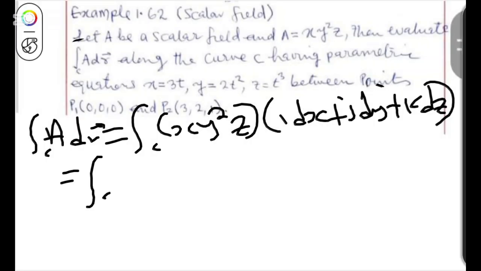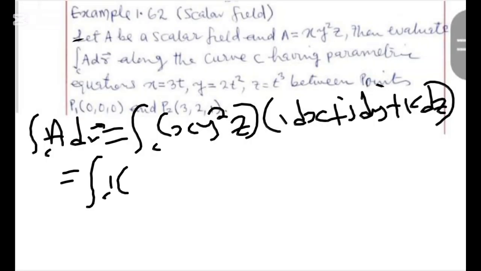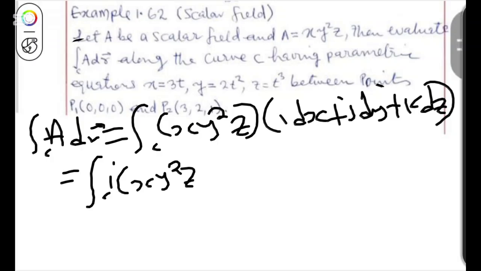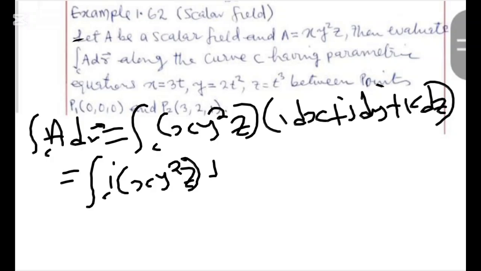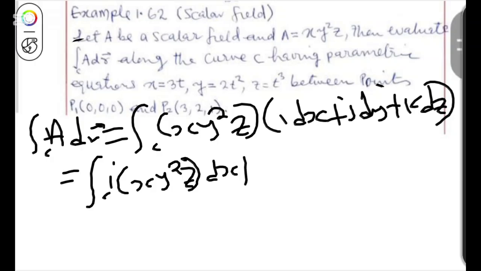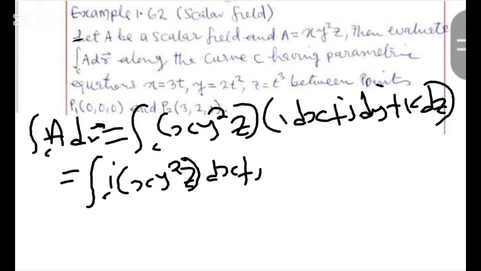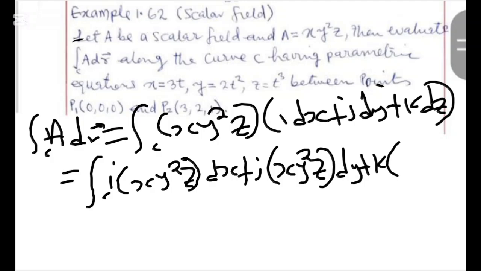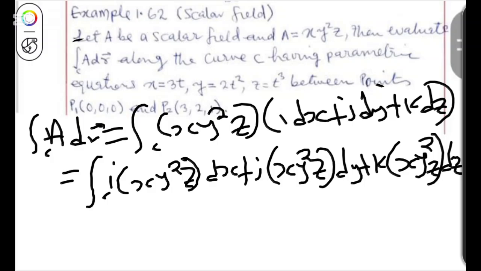So the next thing that I'm going to do is multiply each. This is the same thing as the integral of, for i, x y squared z dx plus j x y squared z dy plus k x y squared z dz.